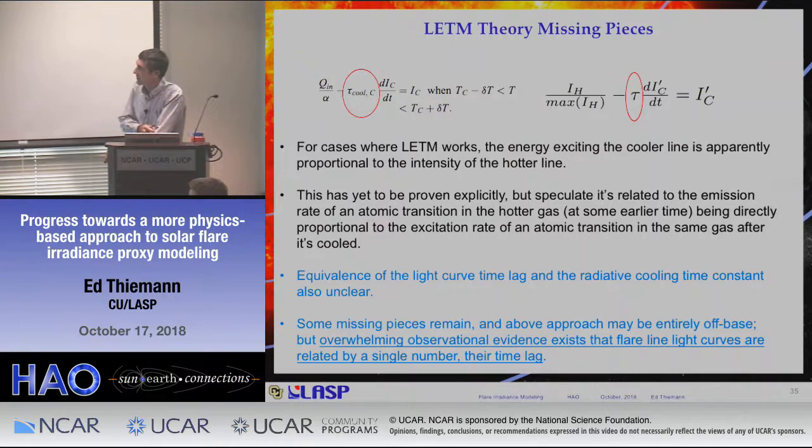Some missing pieces remain, and the above approach may be entirely off base, but there's overwhelming observational evidence that the flare light curves from a warmer and a cooler line are related by a single number, which is the time constant, which I think is physically curious. And if you're just interested in improving models, it makes it much more convenient.